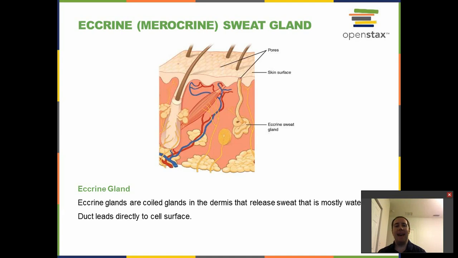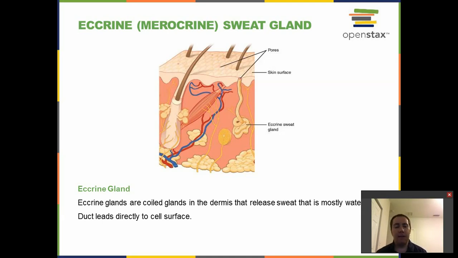So we're going to start with the eccrine or merocrine sweat glands. When you think of sweat, this is what you're thinking of. You're thinking of eccrine or merocrine sweat, and that comes from the eccrine or merocrine sweat glands. These release sweat. It is basically salt water. When you walk outside in the summer and you start sweating, you get covered in sweat. It's basically just salt water, and that came from this eccrine sweat gland.